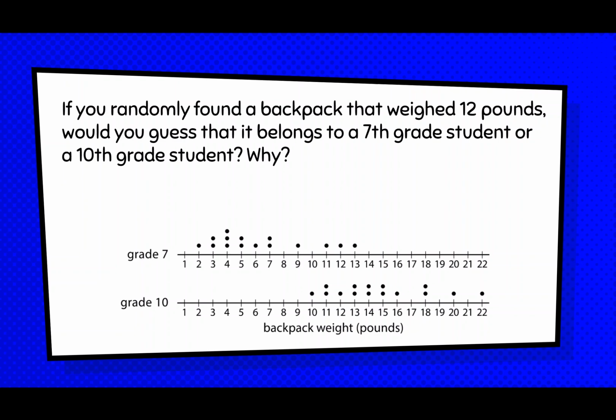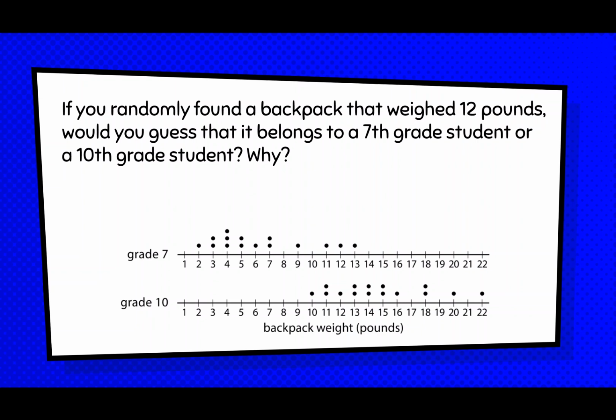So my answer to this one, first thing I'm going to notice is that there was one backpack in the 7th grade sample that weighed 12 pounds and one in the 10th grade. So we can't just base it on, were there more 12-pound backpacks in either sample?